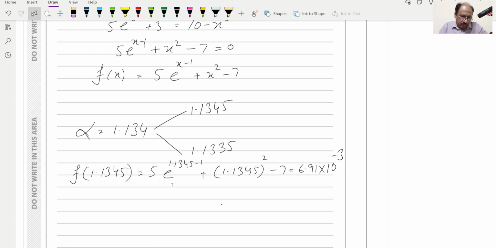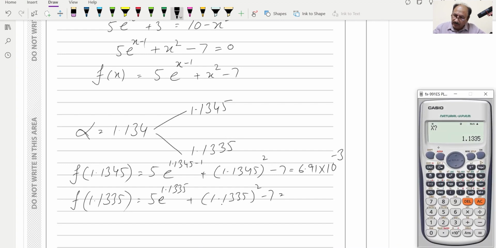Now we can calculate for the lower value, f of 1.1335 will be equal to 5 e raised to 1.1335 minus 1 plus 1.1335 squared minus 7.